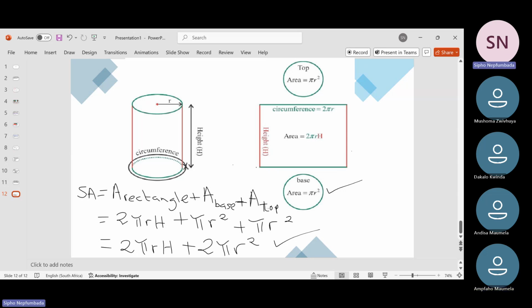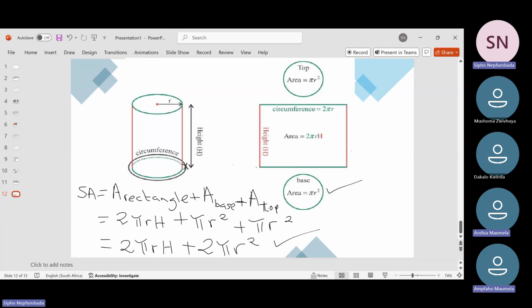Where did you get lost? When you said surface area is equal to a rectangle, a rectangle, and then at the bottom you said it is equal to 2 pi r h. I'm lost as to how the rectangle is equal to that. Area of a rectangle. But isn't the area of a rectangle length times breadth?